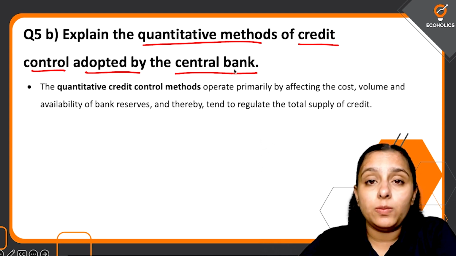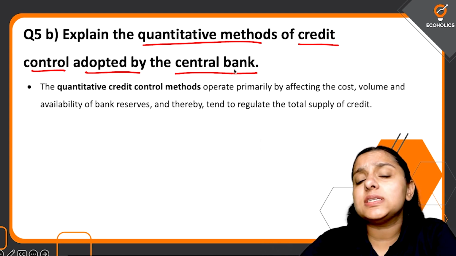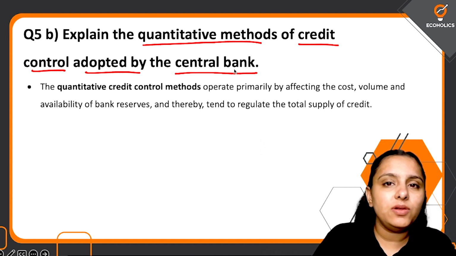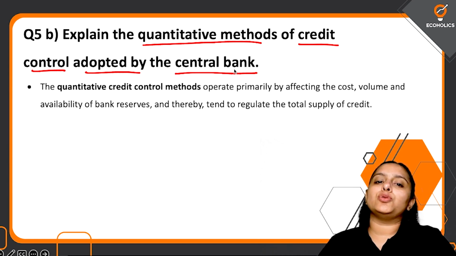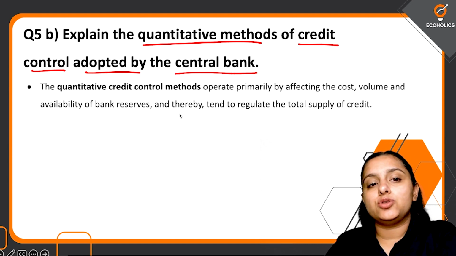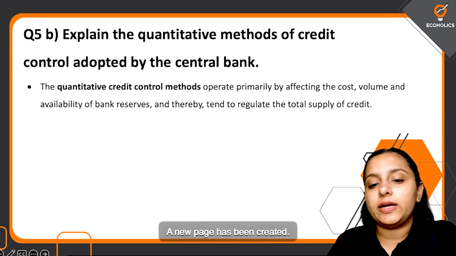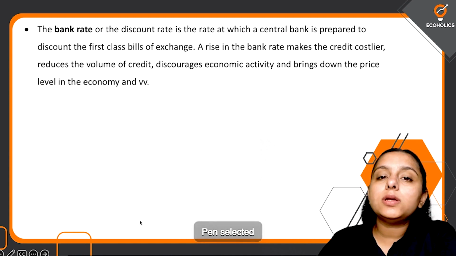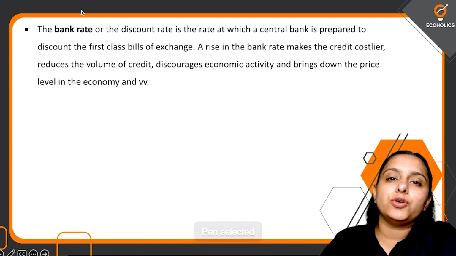So if RBI becomes successful in controlling the amount available with commercial banks, that's also going to help them control the credit. So these are the quantitative credit controls. Let's discuss what all quantitative credit controls we have.